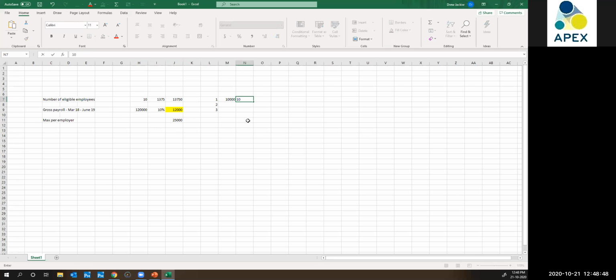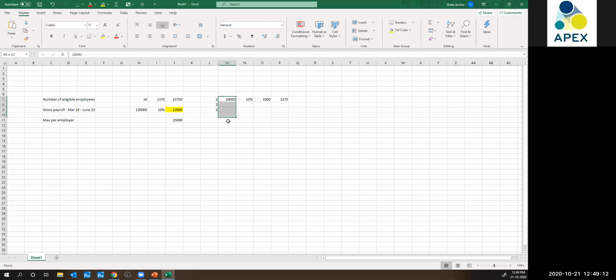Their 10% comes out to $1,000. And if you calculated that same thing out amongst your 10 employees, it would come out to whatever it comes out to. You aren't limited to the lesser of that 1,000 or 1,375. It's simply 10 employees times 1,375.